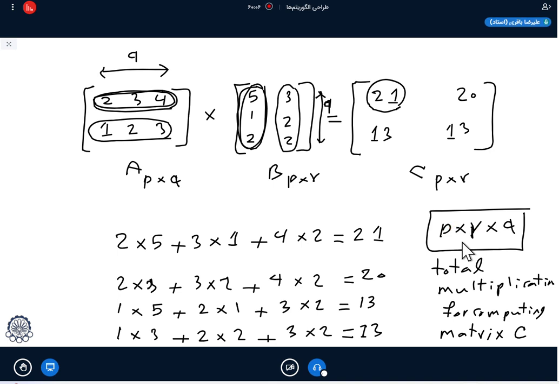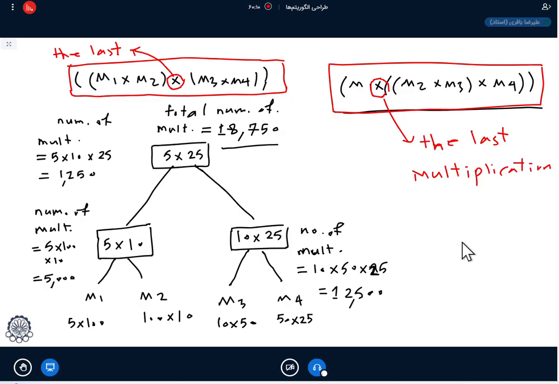Okay, then in our example, we consider two different multiplications: the multiplication in the left side and the multiplication in the right side. In the left side, M1 is multiplied by M2, then M3 is multiplied by M4, and at last, the result of the left side is multiplied by the result of the right side. Here, M1 has 5 rows and 100 columns.